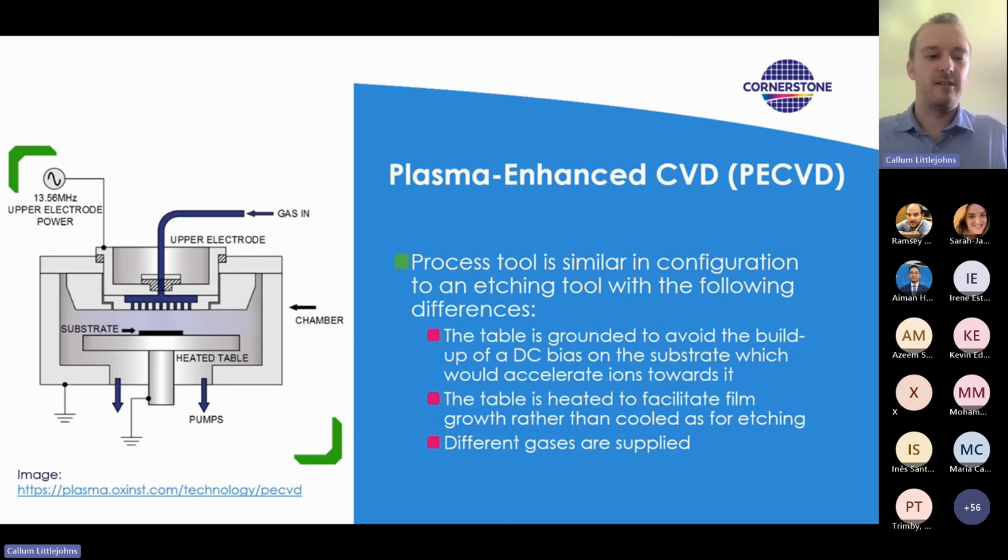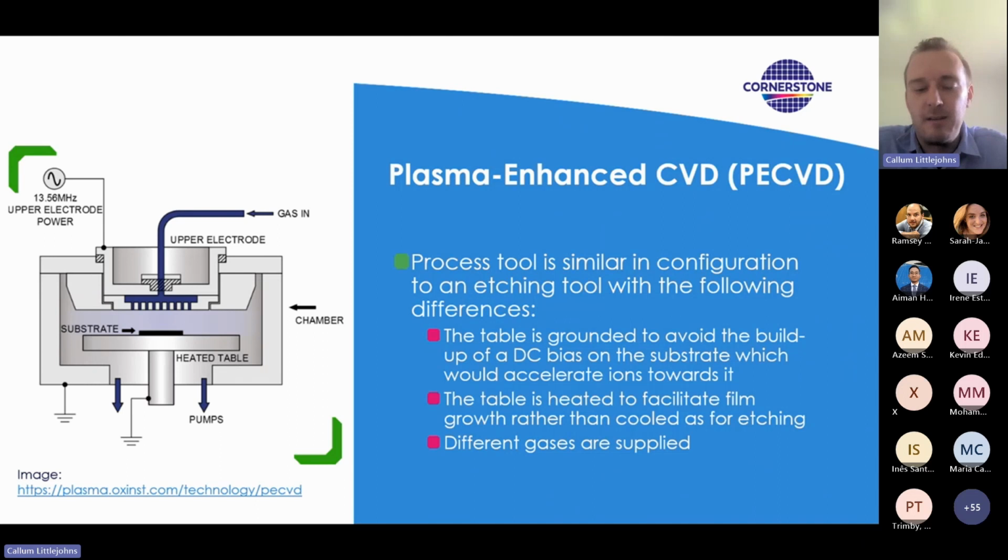And again, being short on time, the left-hand side shows what a CVD system would look like, and you may think that's almost the same as an etching system, and you'd be right. The key differences are shown on the right-hand side. The main one being that in this case, we actually ground the table.